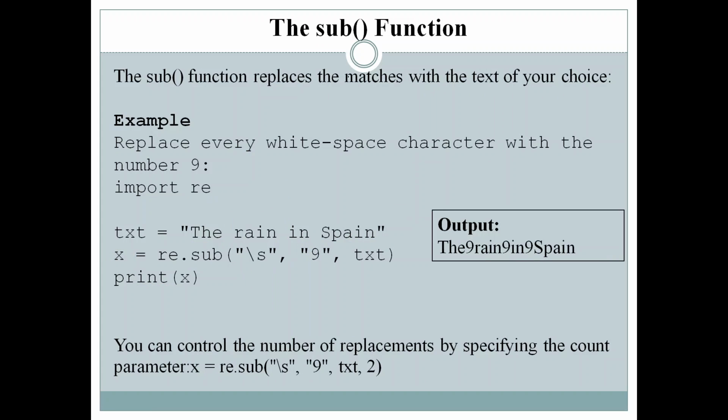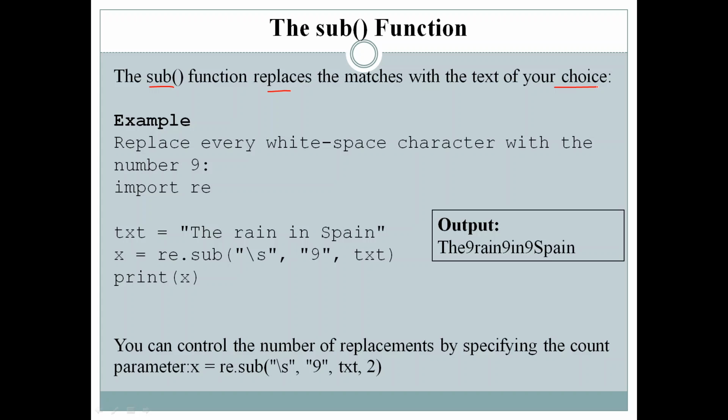The next function is the sub function. The sub function replaces the matches with the text of your choice. So the sub function can be used to substitute. Those who have used MS Word know a feature of MS Word, that is find and replace.